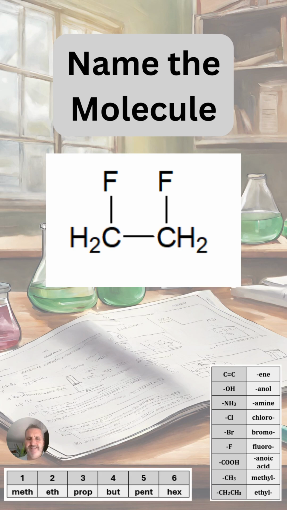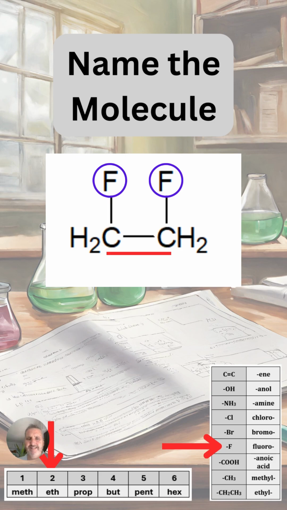Right. Okay, so let's have a look at this molecule here. This is a simple molecule in that it has 2 carbons, so it's an ethane group. We can see 2 fluorine atoms coming off, one on each carbon. So it's going to have the fluoro prefix.